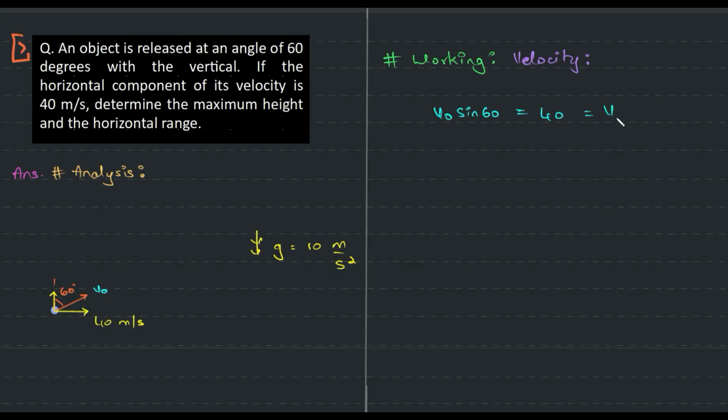And this is nothing but your v naught x. The x component is 40, and v naught sine theta over here is your 40. So sine theta is root 3 by 2. Therefore, v naught is equal to 80 by root 3 meters per second. You don't have to resolve it because this is not the final answer. You can keep it. And now we can figure out the y component.